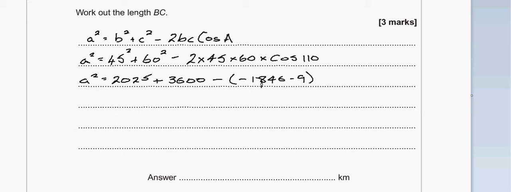So 2 multiplied by 45 multiplied by 60 multiplied by cosine 110 gives us minus 1846.9. So a squared equals, now 2025 plus 3600 will give us 5625.